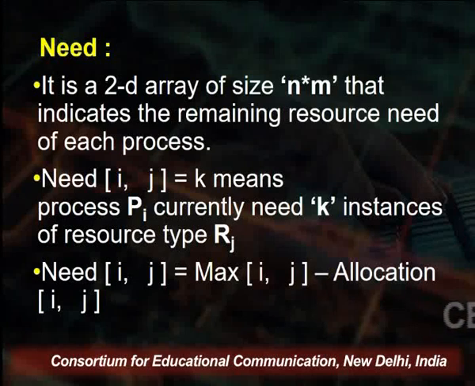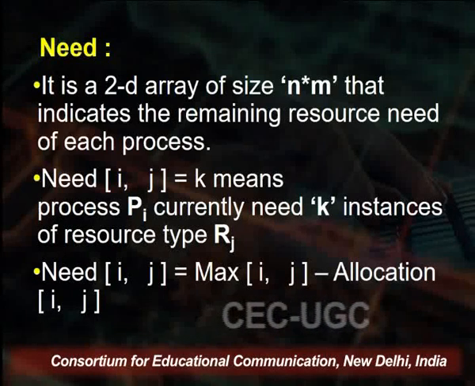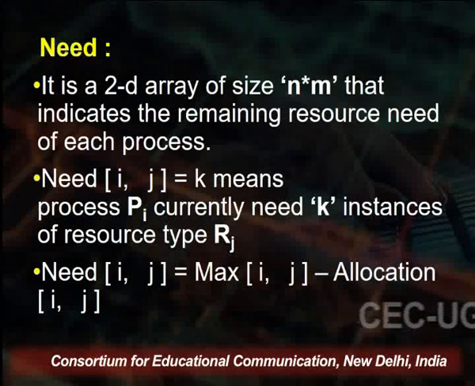So basically the array need is a 2D array of size n cross m, indicating the remaining resources which are needed by each process.